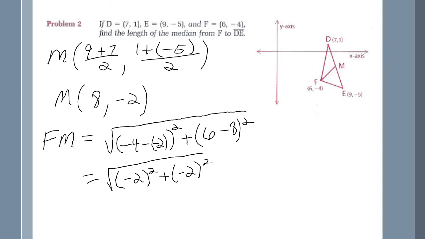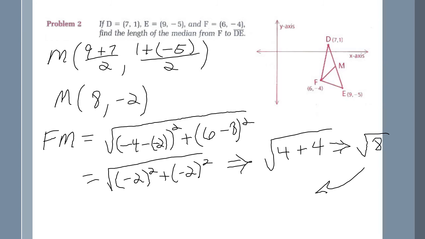I'll be squaring that. So, negative 2 squared is 4 plus negative 2 squared is 4. This gives me the square root of 8, which simplifies. Square root of 4 times square root of 2, which becomes 2 square root of 2. So that's your final answer for the length of the median from F to segment DE.